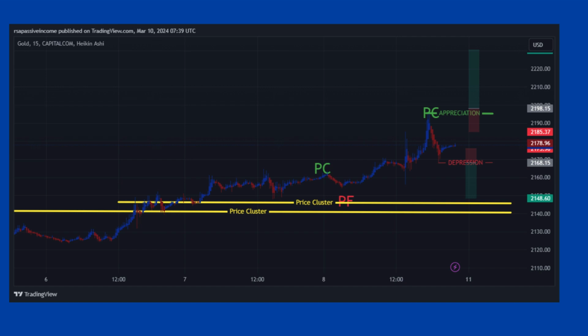First, price floor and price ceilings, right? So there's a price ceiling, price floor, price ceiling. All right.